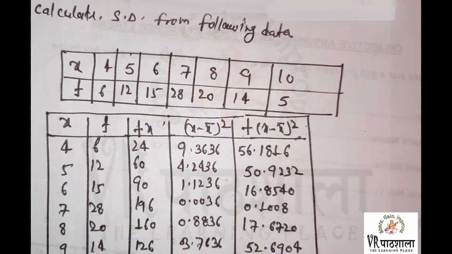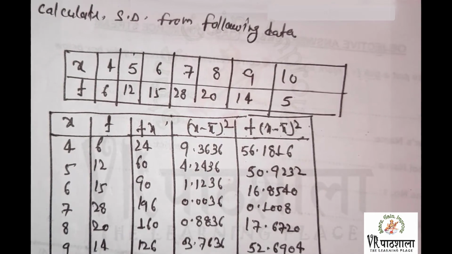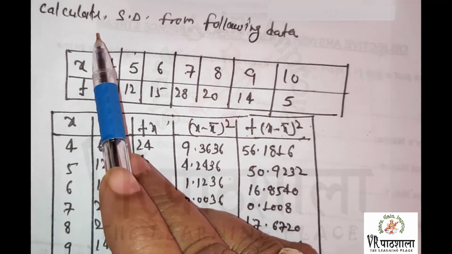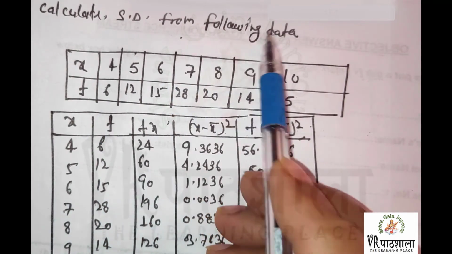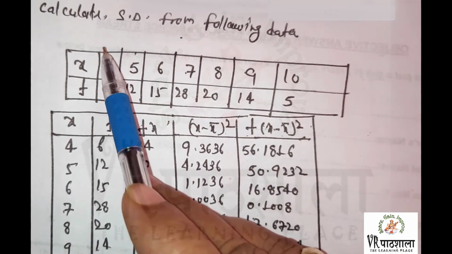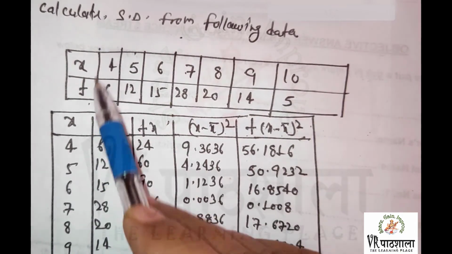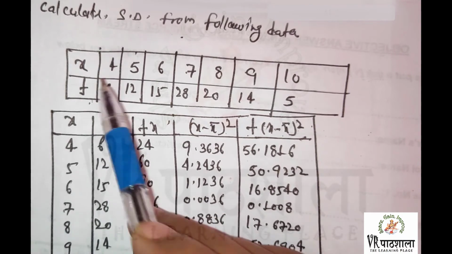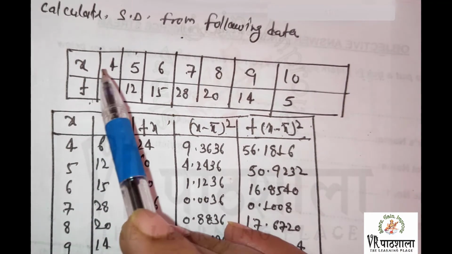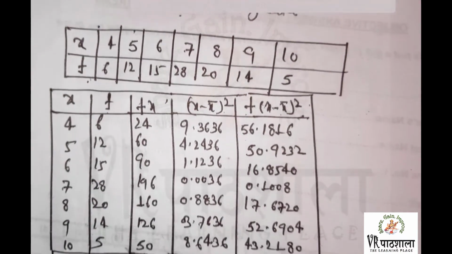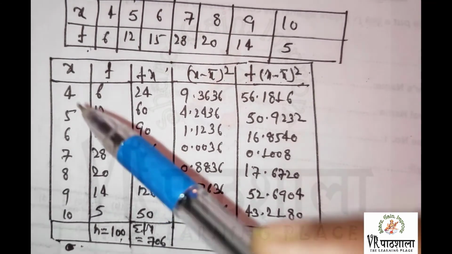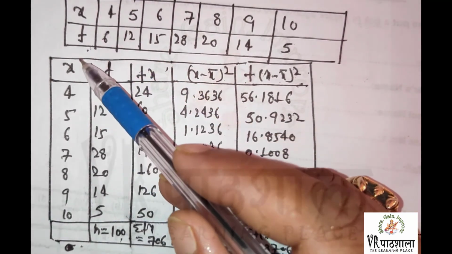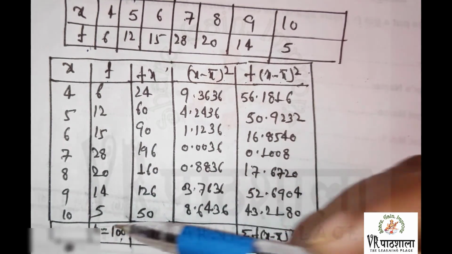Now we take another example. Calculate the standard deviation from the following data. In this data, x and f are given, so the data is grouped data because the frequency f is given. First we put the data in vertical form, x and f.